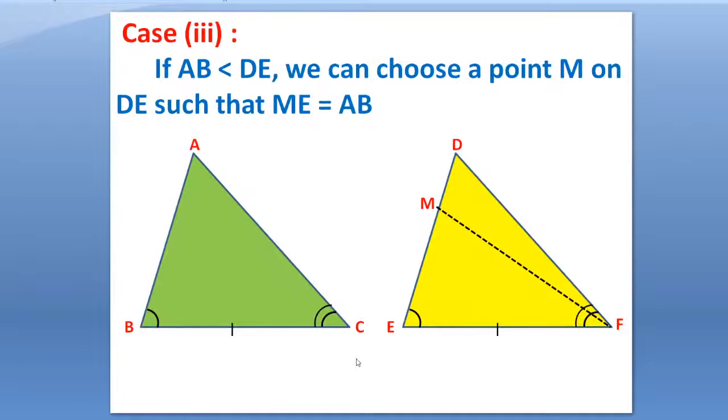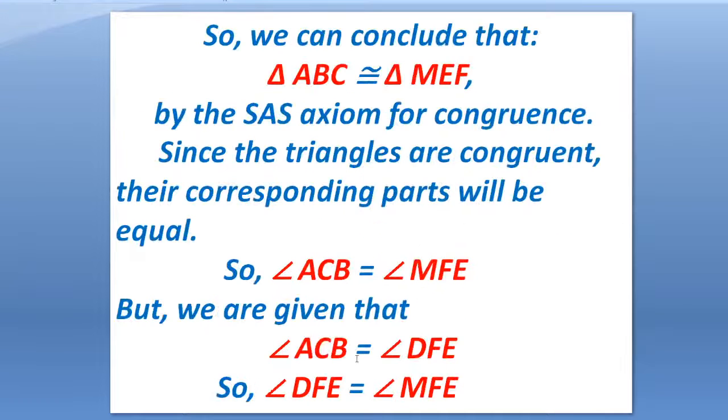Let me request students, please write down in your notebook because this proof is not given. The proof of the third case is not given in your textbook, so note it down.